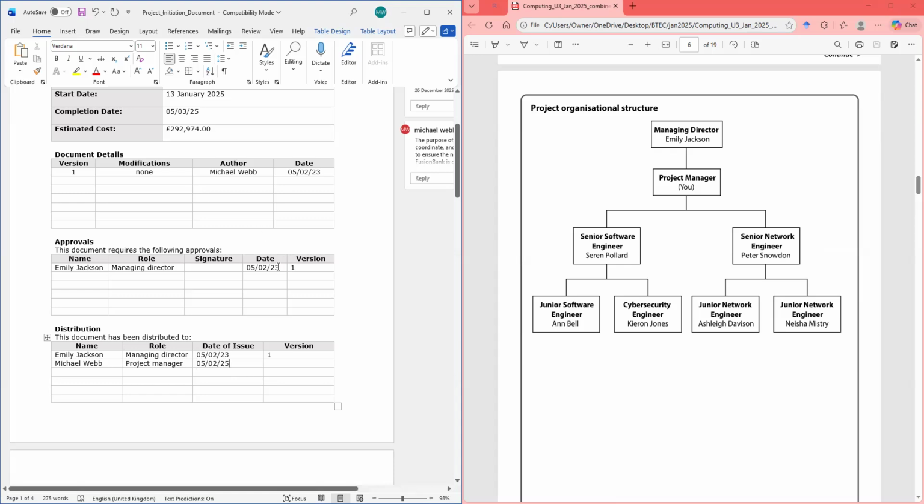Sorry, I put 23, it should be 25. Please don't make a mistake in the exams. And it's version 1. All right.